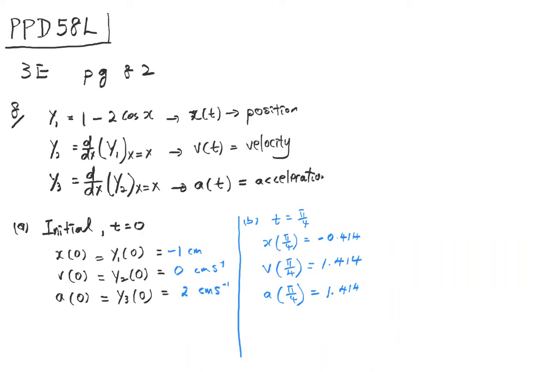So you say, after pi by 4 seconds, the object is moving to the right with the speed of 1.414 cm per second, and its velocity is increasing with the rate of 1.414 cm per second per second. If you don't want to say cm per second, you just write down the unit. Are you clear?